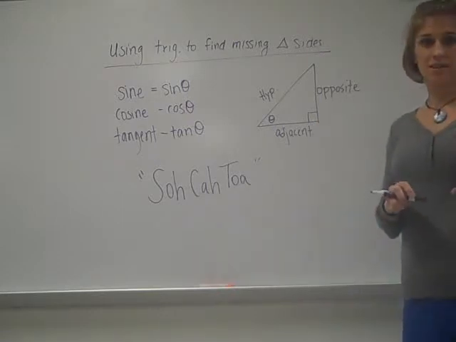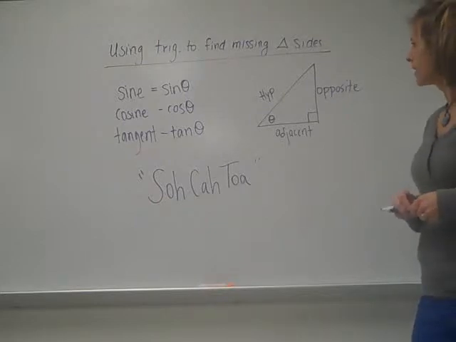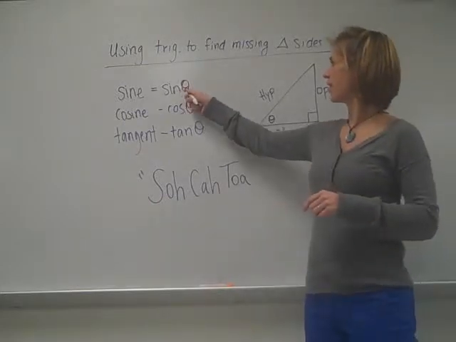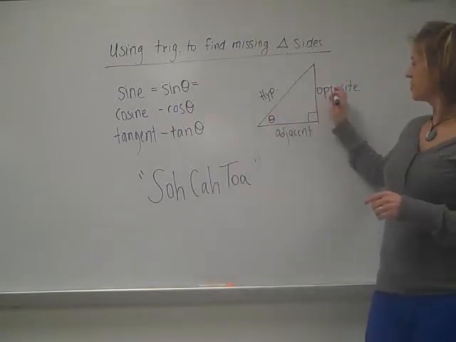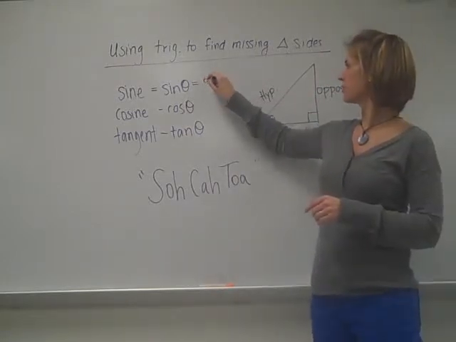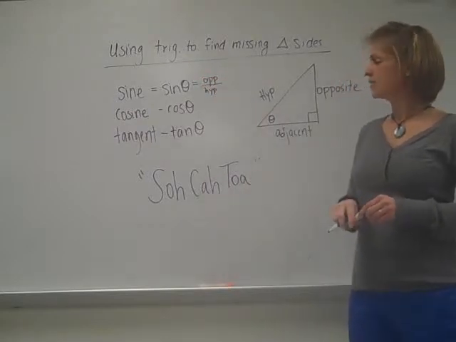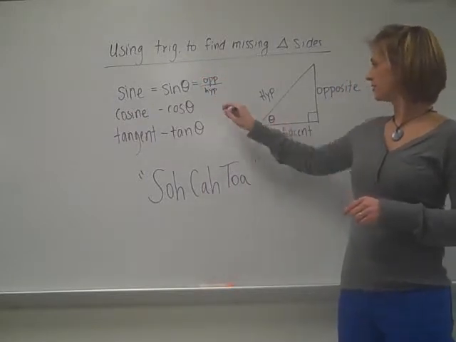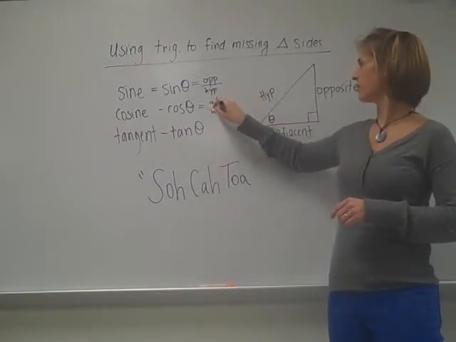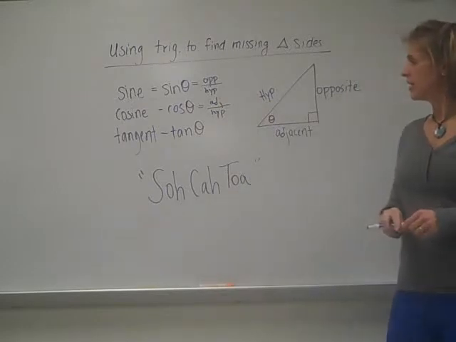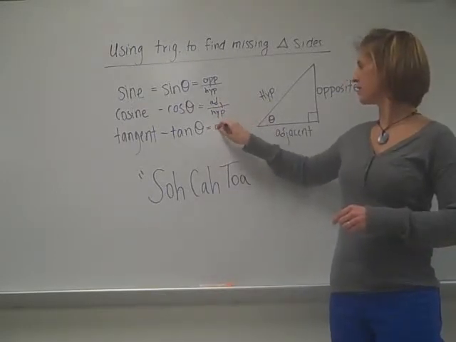And the big thing, again, that we did in geometry, and maybe you saw last year, is that if you take the sine of an angle, it's going to equal the opposite side over the hypotenuse. If you take the cosine of an angle, it's going to equal the adjacent side over the hypotenuse. And if you take the tangent of an angle, it's going to equal the opposite side over the adjacent.